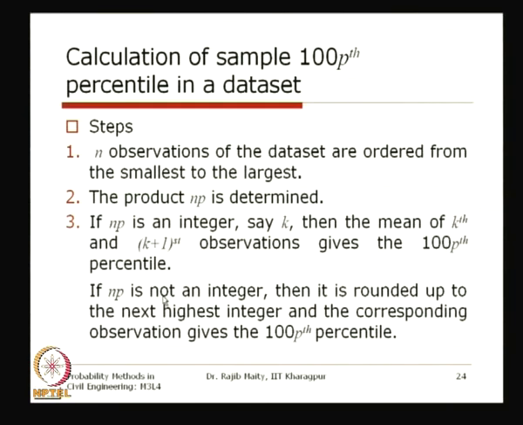If np is not an integer, then it is rounded up to the next highest integer, and the corresponding observation gives the 100pth percentile.